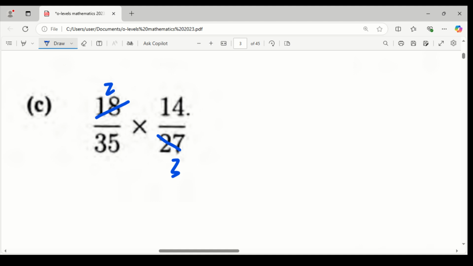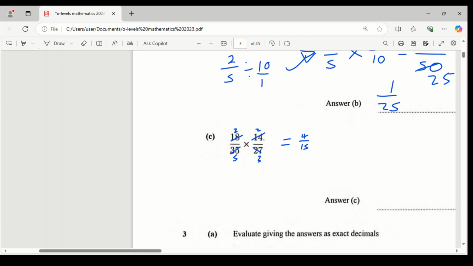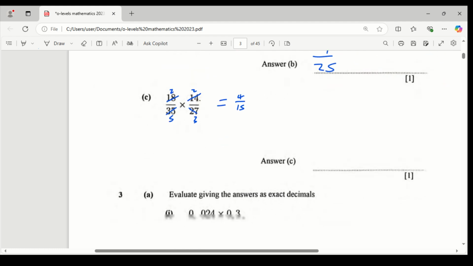That number is 7. 7 into 14 is 2, 7 into 35 is 5. Then you can just multiply the numerators. 2 times 2 is 4. 5 times 3 is 15. So for number 2C, the answer will be 4 over 15.